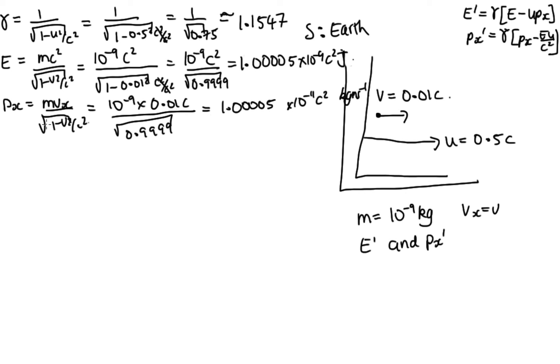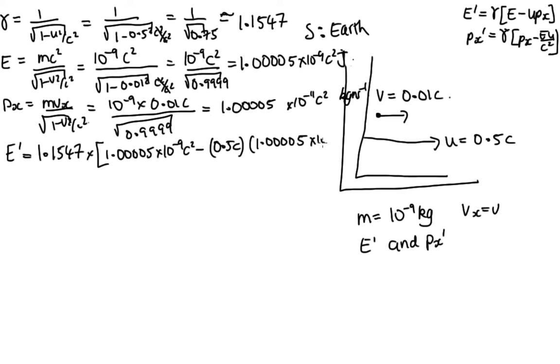Okay, so now we've calculated everything, so we can just combine it. So E prime is going to be equal to gamma, so that's 1.1547 times E, which is 1.00005 times 10 to the minus 9 c squared, minus u, which is 0.5c times px, which is 1.00005 times 10 to the minus 11.